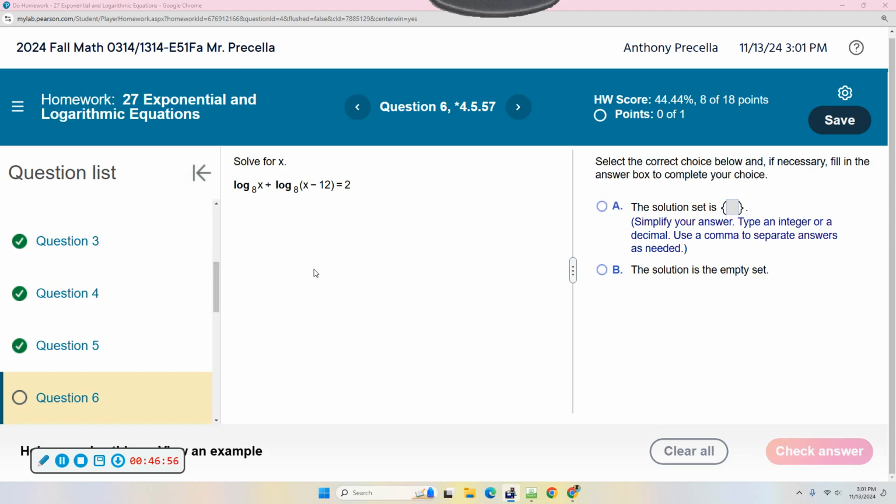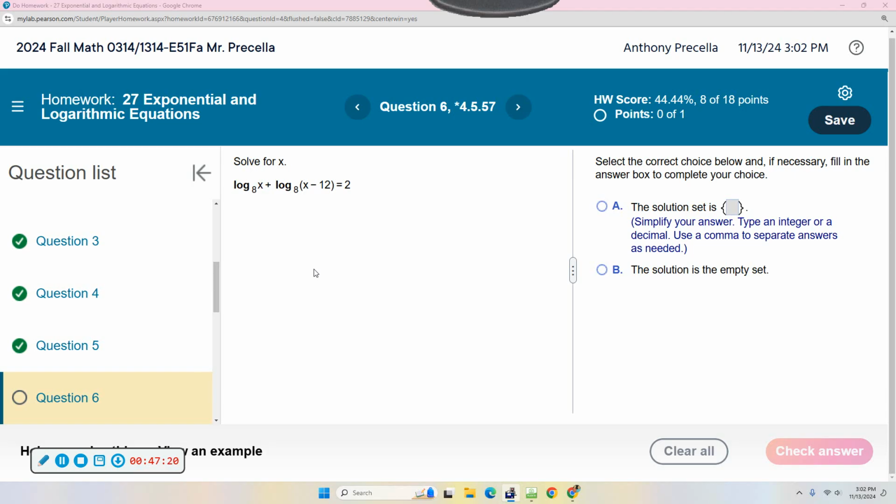And notice once again, they don't say that you're rounding your answer. You're not going to be punching in and getting a decimal approximation. That's what you do for those exponential equations, not the logarithmic equations. We use logarithms to solve exponential equations. We use exponents to solve logarithmic equations.